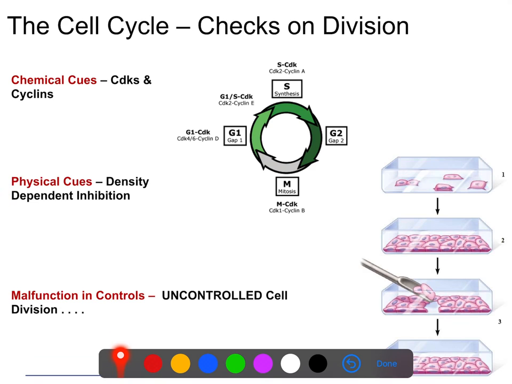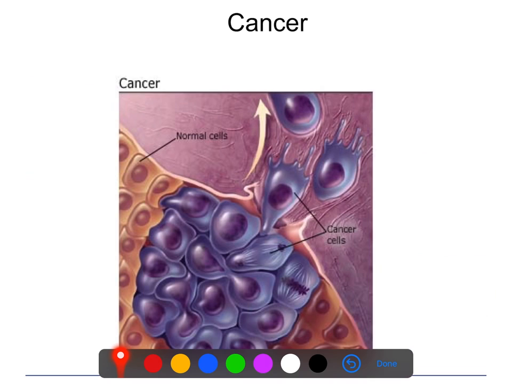All of these exist to make sure that cells don't reproduce unless they are supposed to reproduce. When you have cells that reproduce when they're not supposed to, what you get is uncontrolled cell division, which leads to tumors and eventually cancer.